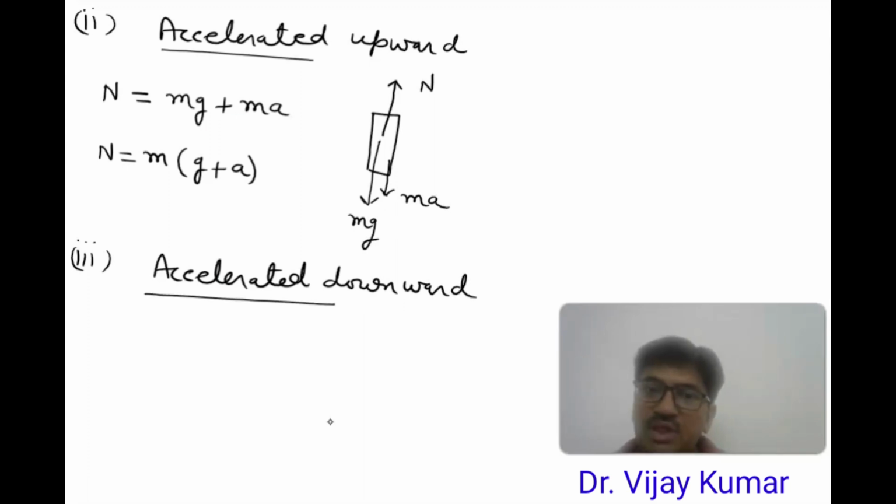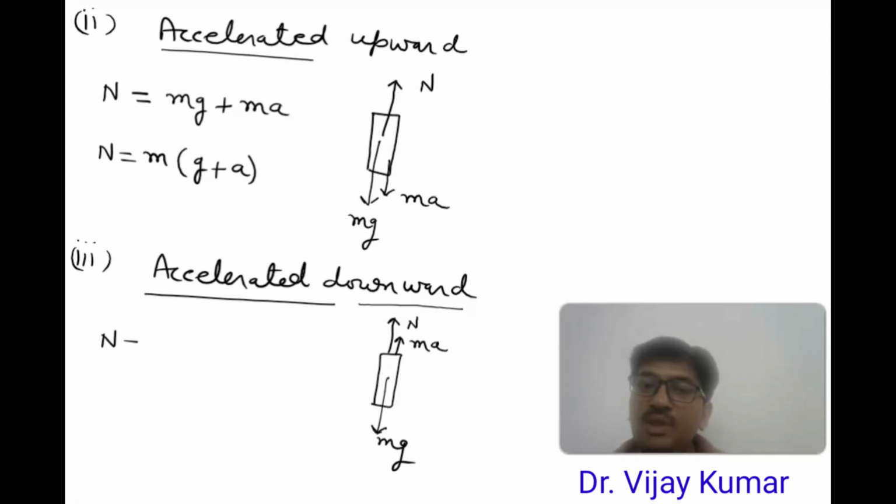If the lift is accelerated downward, then for the person, normal acts in the upward direction, and if acceleration is downward, then ma should be in the upward direction and weight always acts in the downward direction.